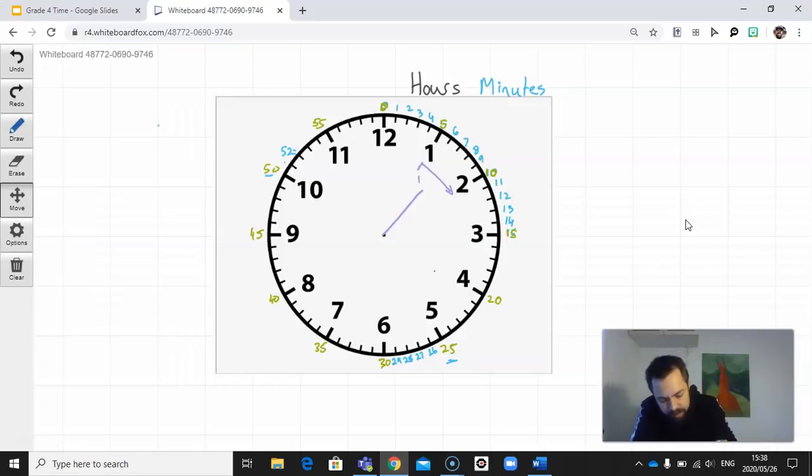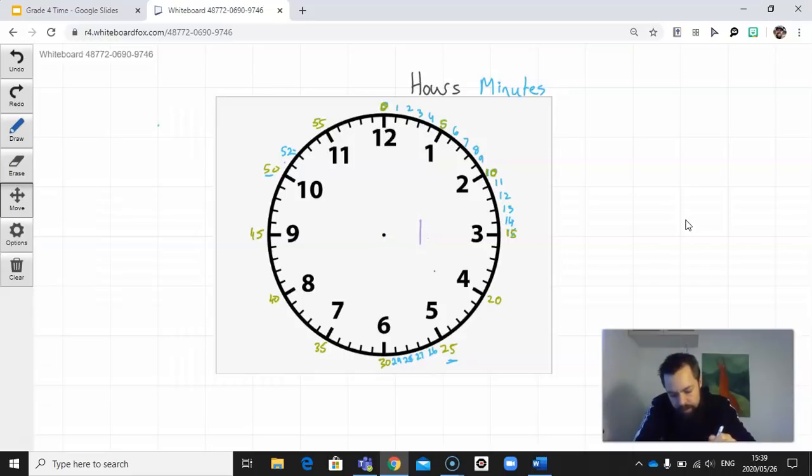So it could be pointing all the way over here, right before the 2, and the time would still start with a 1 because it is still 1 until it gets to 2. Just like you were 1 year old until your second birthday. You could have been 1 year, 364 days old, and you would still have been 1 until the next day when it was your birthday. And that is one of the key things that we need to understand when we're writing time.